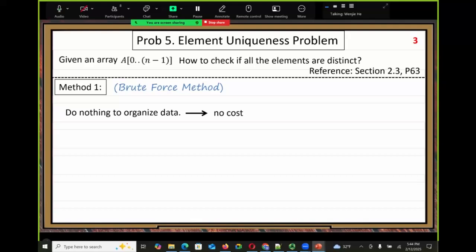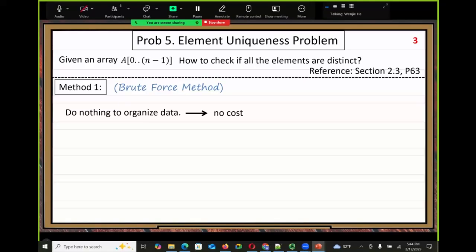Because if you can organize data with some special structures, you can take advantage of the structures to make your overall efficiency better. That's the usual way. But here, because we just want to use the brute force method, we don't want to do anything to organize the data. So in this step, there is no cost. We save the cost.